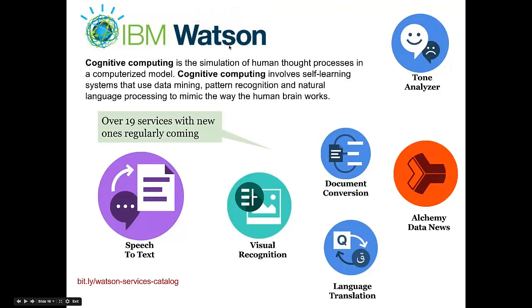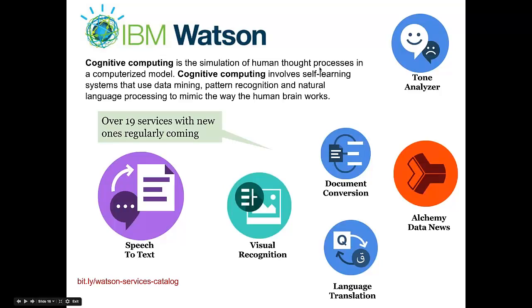Let's talk about Watson. So if anybody's been living under a rock and you need to know what Watson is, it's basically cognitive computing. And it started back with the big announcement that Watson was going to be competing in Jeopardy against some of the best in the world. And Watson won. And there's a number of things that have happened since then.